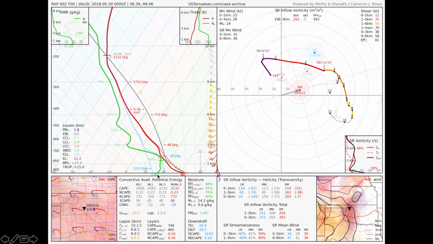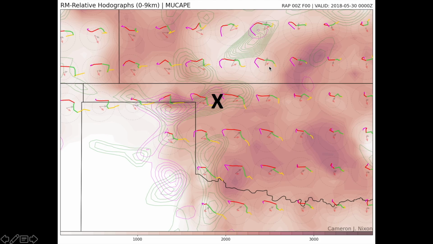And you can see our thermodynamic profile, again, is just very bad for tornadoes. We have that icky inverted V sounding here, and we still have a lot of that downdraft CAPE. So again, I'm writing off tornado potential, but I'm still intrigued. This is definitely a sounding for a pretty robust supercell potential.